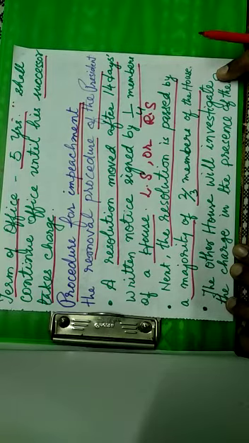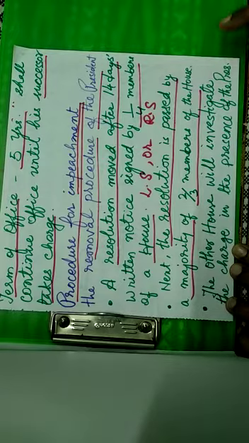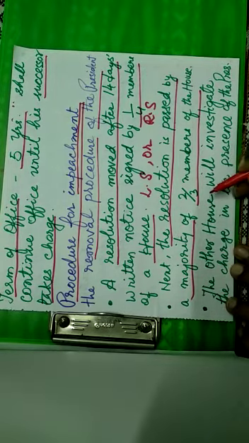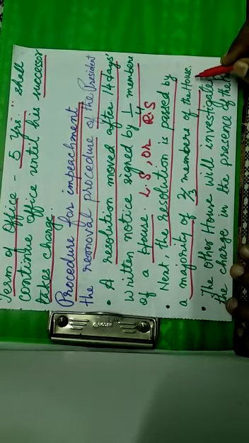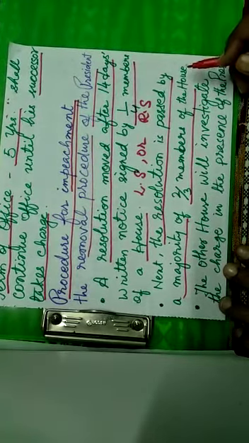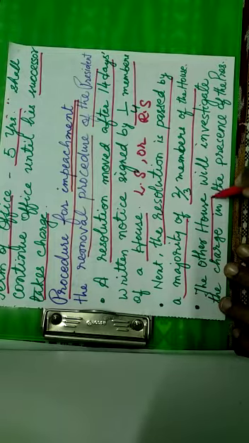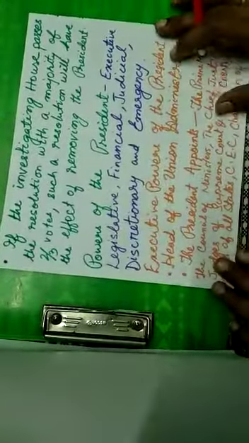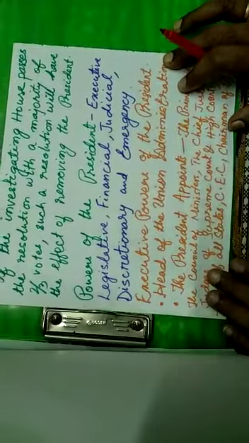Next, it is sent to the other house, and the other house will investigate the charge laid against the president by the first house. During this investigation, the presence of the president is also required, and the president can withstand and can prove himself innocent.